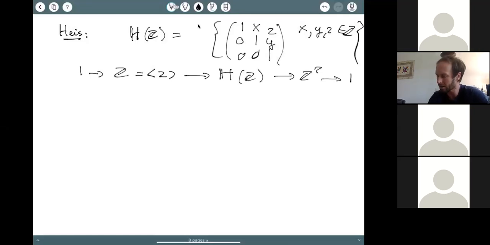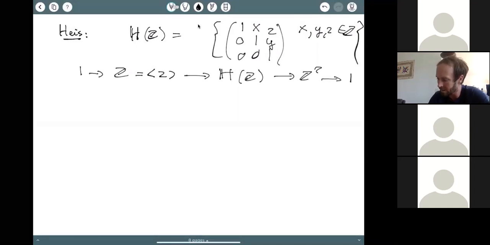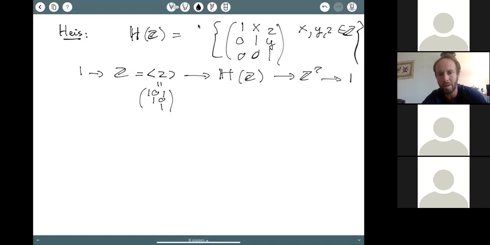What happens here is that if you take the group generated by z, or when I said z, what I mean precisely is this element. So this element is central. It commutes with everybody else. It defines a normal subgroup, so you can mod out by this normal subgroup, and then you are left with x and y that commute.